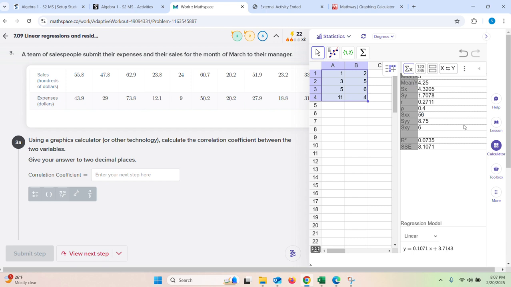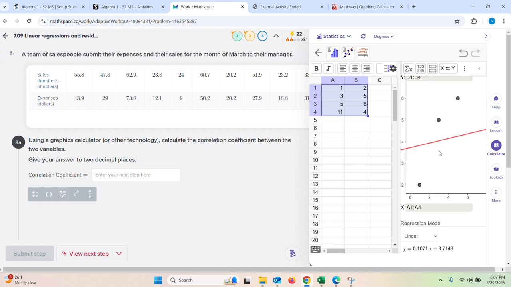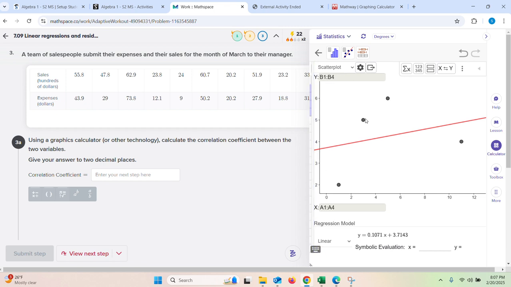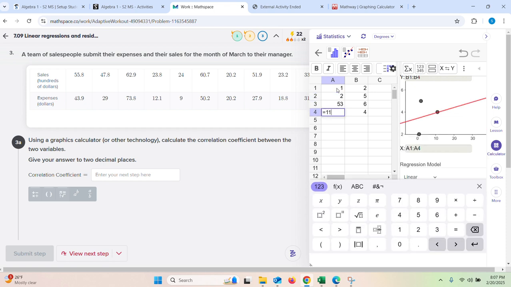Okay, how do I go back to the graph? Go to the graph. Probably get rid of this, turn this off. If the dots are far away from the line, it's a weak to moderate correlation. If the dots are really close to the line, let me create really quick numbers.